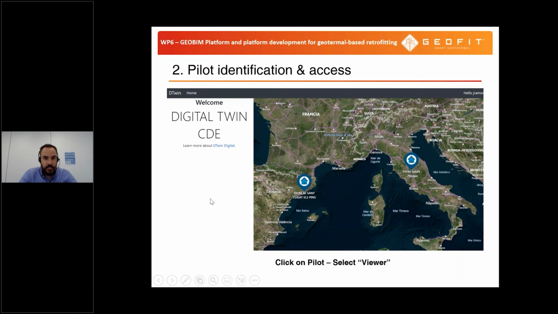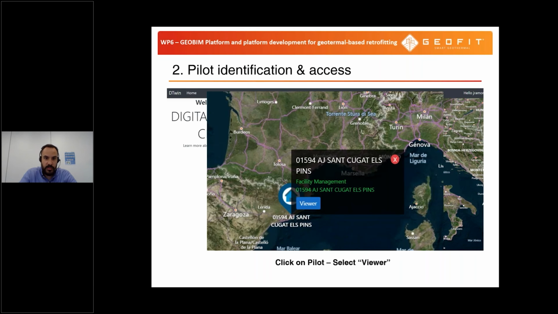Then we click on the pilot and select the viewer. This automatically opens the digital twin, and I will now go to a quick video showing the main controls of this platform.